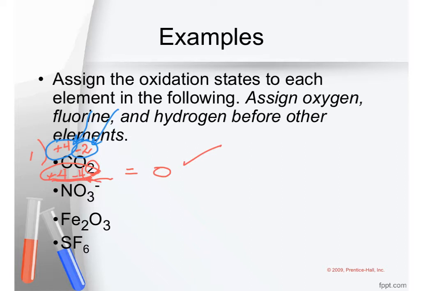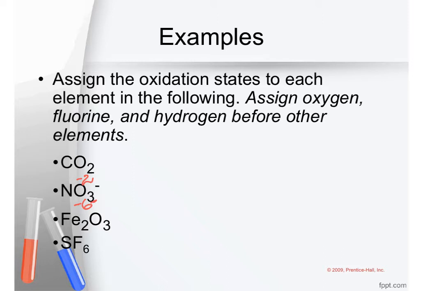All right, so now on the next one, the nitrate ion. Again, I'm going to start with oxygen. I'm going to give it a -2. I'm going to do my math at the bottom. I know there are 3 oxygens, so 2 times 3 is 6. So oxygen collectively contributes -6 to the overall oxidation number.